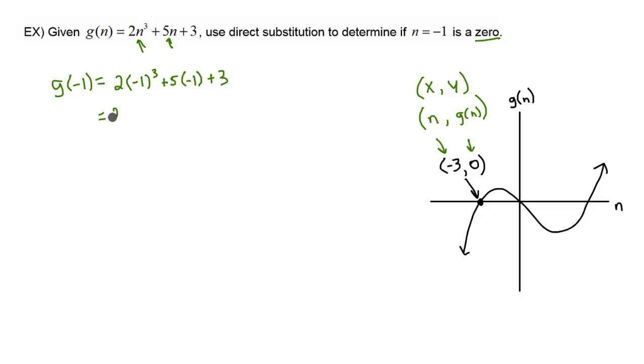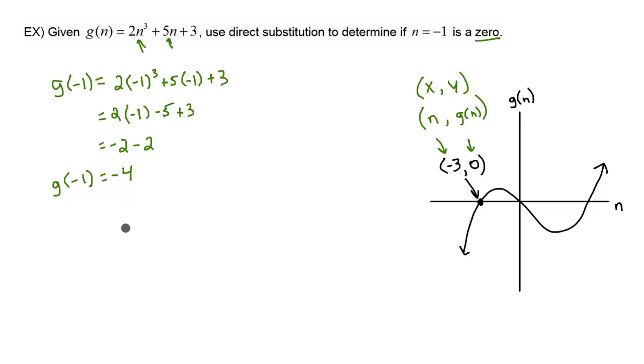I'm going to bring down this 2, and work with the exponent first. So -1 cubed is -1, and then 5 times -1 is -5, and then we've got plus 3 at the end. 2 times -1 is -2, and then -5 plus 3 is -2, and -2 minus 2 is -4. So that's the value for g of -1.